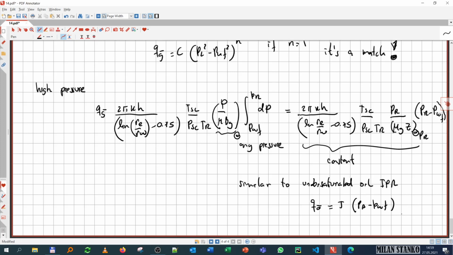And you see here this doesn't resemble the back pressure equation for QG, because that is nonlinear and this one is linear.